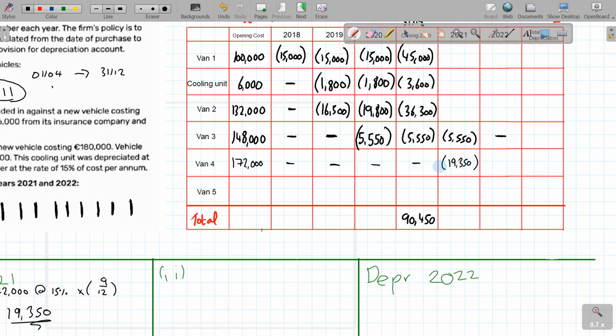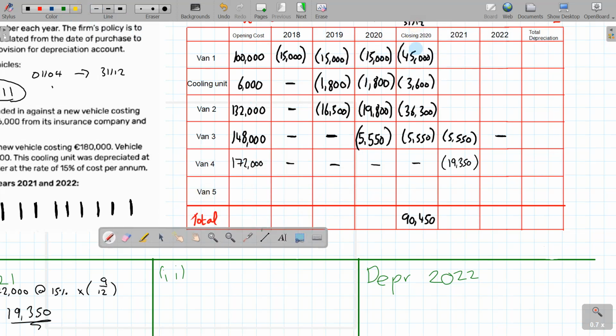Okay. Now we can look at van 2, van 1 and the cooling unit. So nothing happened to van 2, nothing happened to van 1 and nothing happened to the cooling unit. So it's the same amount as we go on. So this might be slightly confusing here, but this is all just for our notes for the opening of 2021. Okay, so don't pay that any attention to the rest of these.